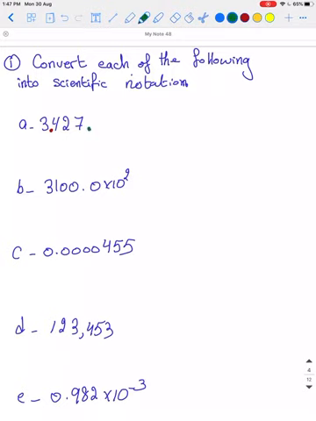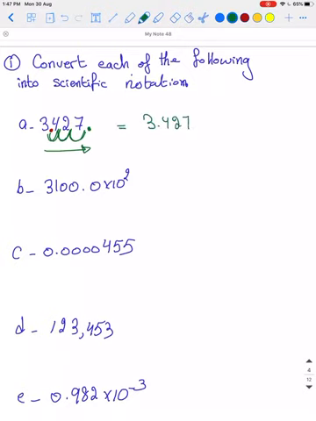Okay, how many times is this decimal displaced from the original, because the original is the green one? How many times should it be displaced? Let us see. Displaced 1, 2, 3. This decimal, it's 3 times displaced away from the original one, and the displacement is to the right.